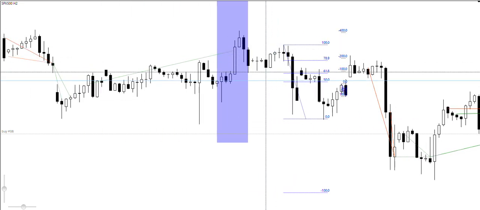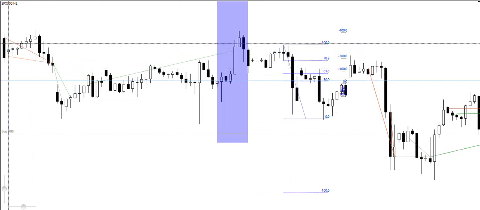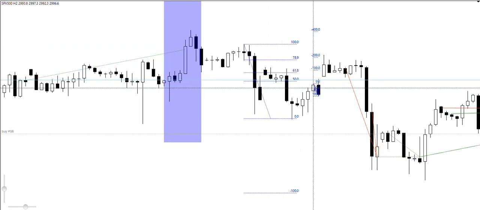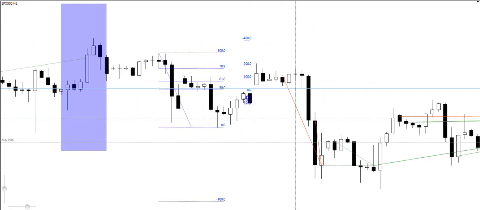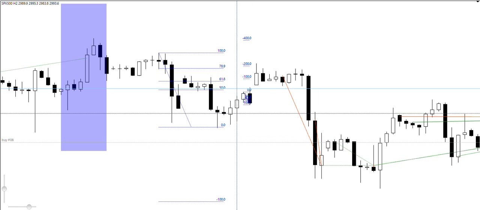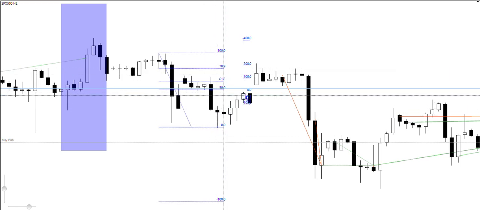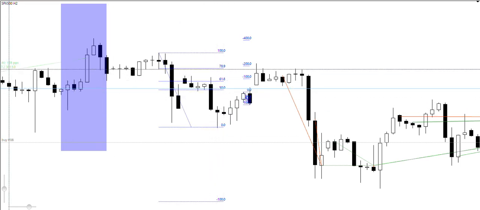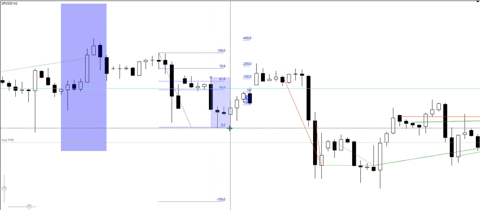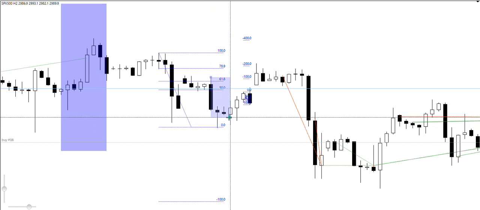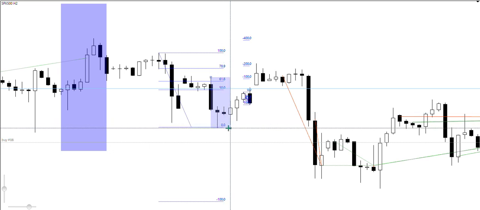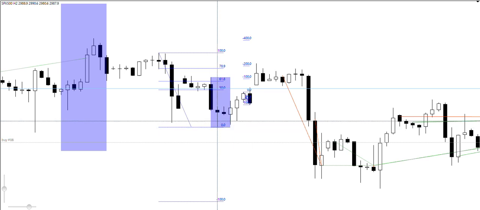Okay, so we've taken that range, and that's not the point of this. As a result, we want to see that price engulfs this bearish set of candles. If we are indeed going to move up, we want to see powerful momentum to the upside, like what we saw previously. If we're truly in a bullish momentum, what happens?